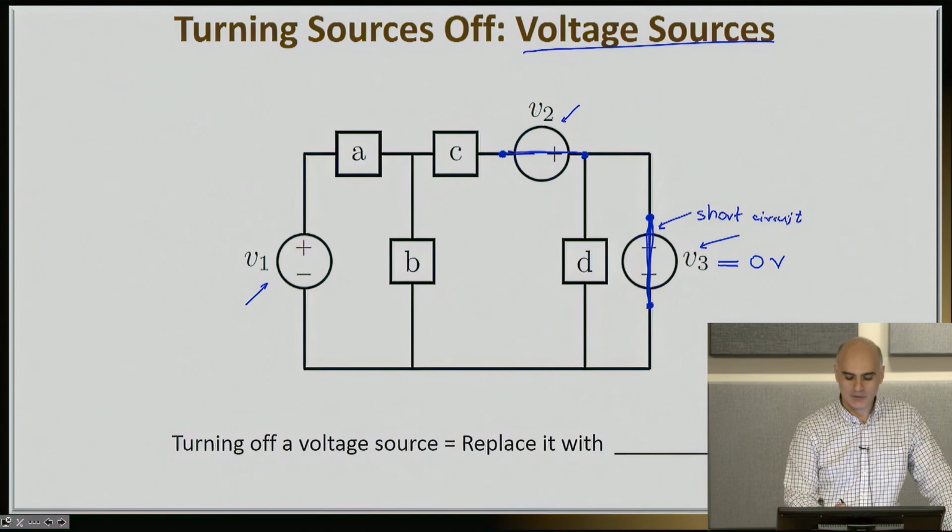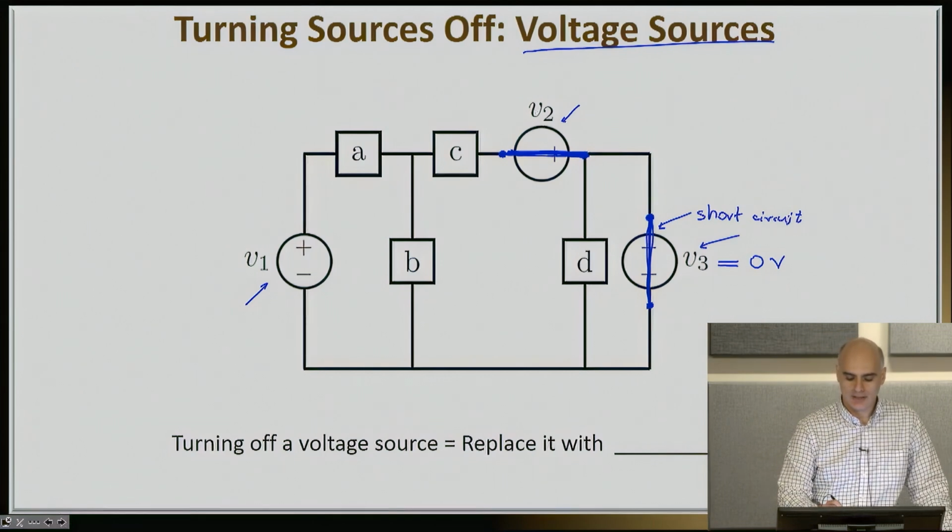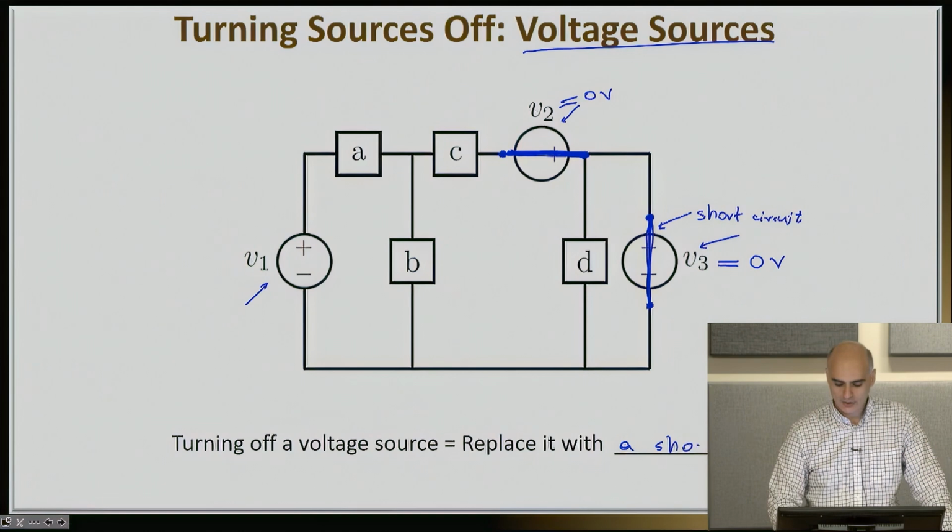The minute I remove V2 from my circuit and replace it with a short circuit, I will ensure that V2 is 0 volts. So turning off a voltage source means replacing it with a short circuit all the time.